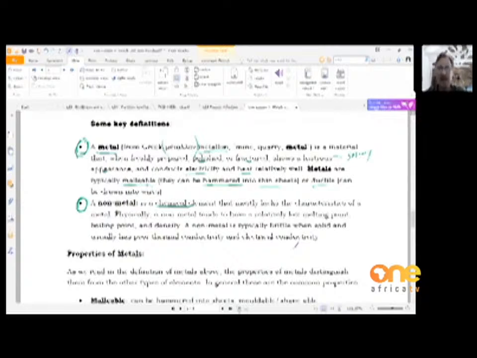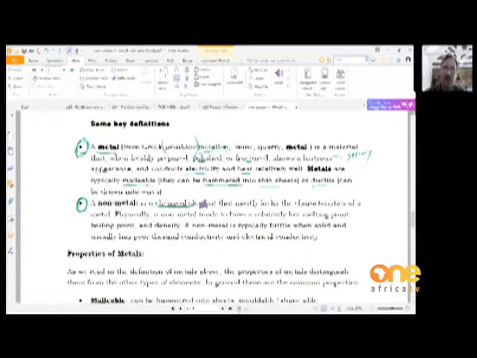So in the elemental form, non-metals are mostly gas. Think about oxygen, nitrogen, hydrogen, the noble gases. They're gaseous. Solid non-metals tend to have low melting points, but elements like carbon in the form of diamond can have a very high melting point.